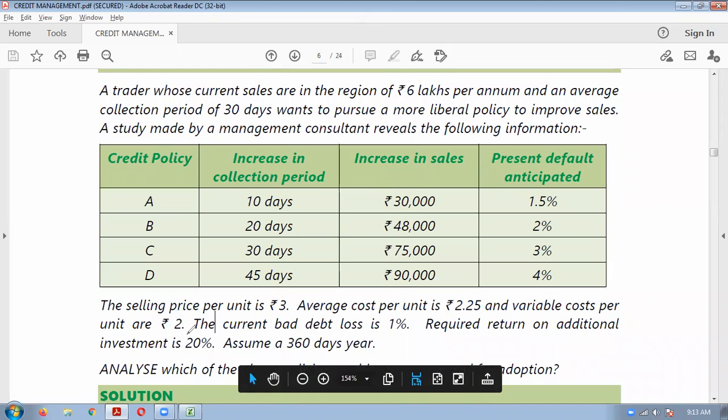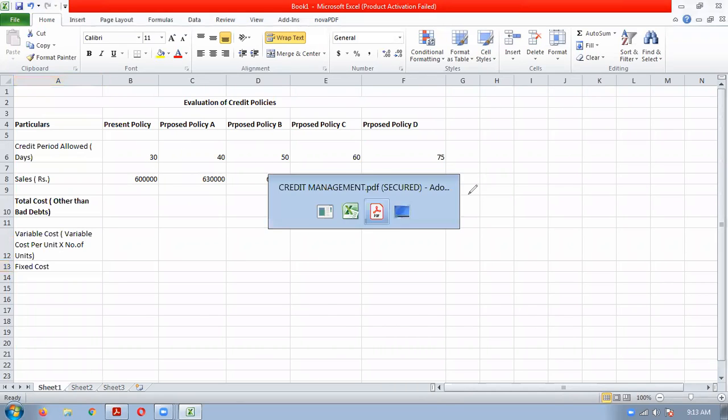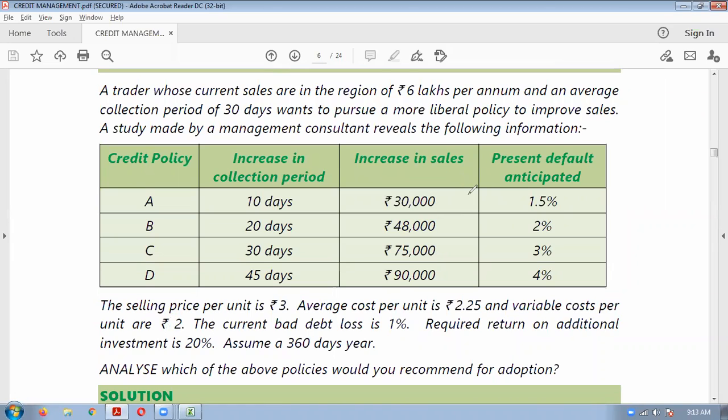So very simple, we will multiply 2 with the number of units given. But here sales units are not given. So how can we calculate? Selling price per unit is given and total sales is there. So based on this, we can calculate the units.